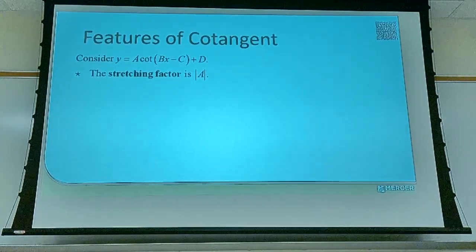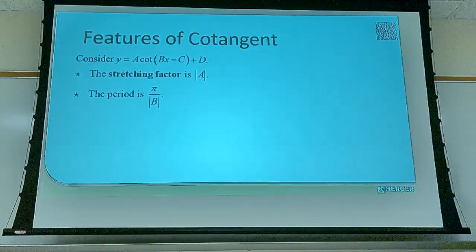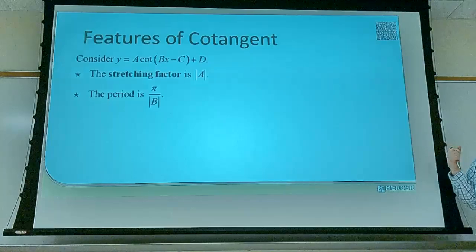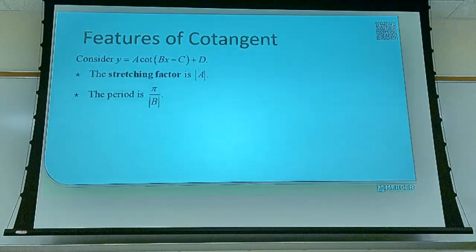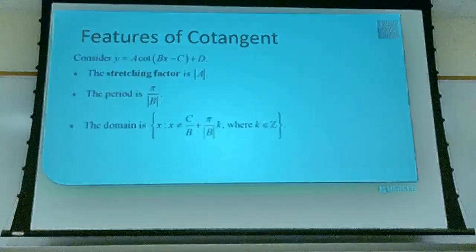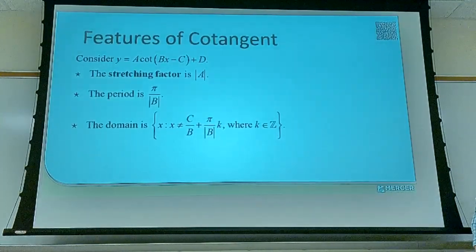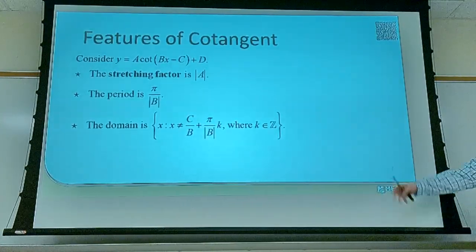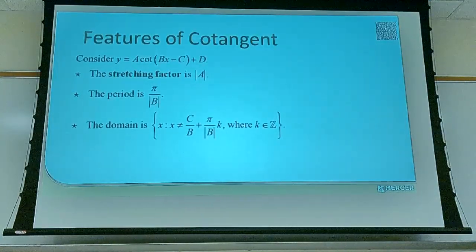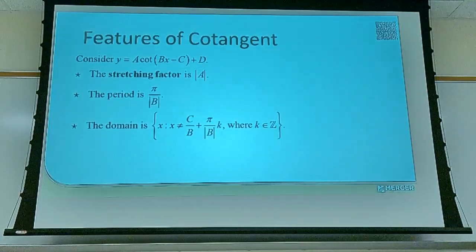Stretching factor, absolute value of A, again, doesn't have an amplitude, right? Period pi over the absolute value of B, remember both tangent and cotangent are pi periodic. The domain is the same as cosecant. Right? Because cotangent is cosine over sine. Cosecant is 1 over sine, so they have the same domain.